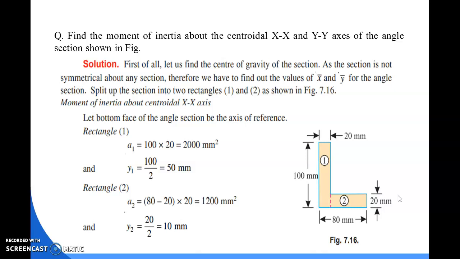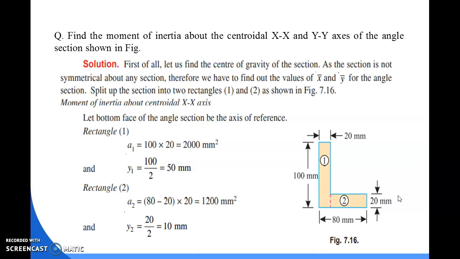For any section, to calculate the moment of inertia, we need to calculate the center of gravity. Then after that, we can find out the moment of inertia about any axis. So first of all, we need to find out the center of gravity.